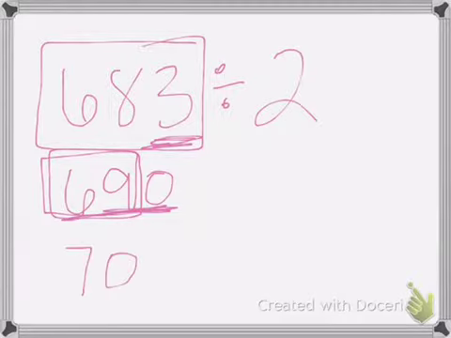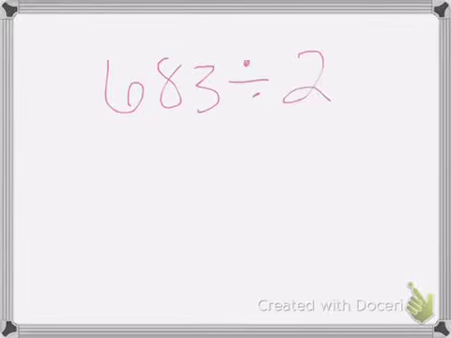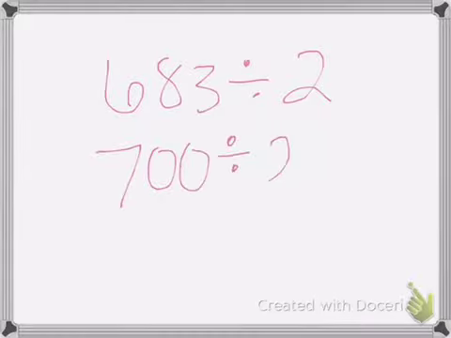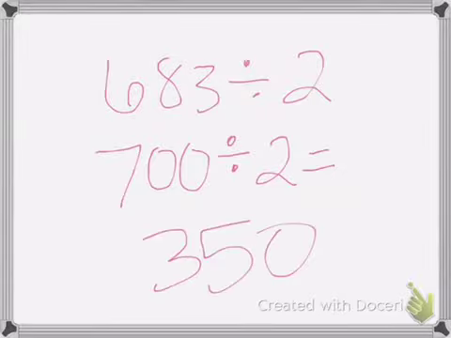So the next step going up would be 700. And 700 can be divided by 2 easily. So you went from having 683 divided by 2, switching it using compatible numbers, 700 divided by 2 equals, and what did you get? 350, that's what you get.